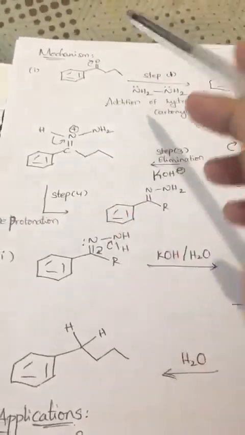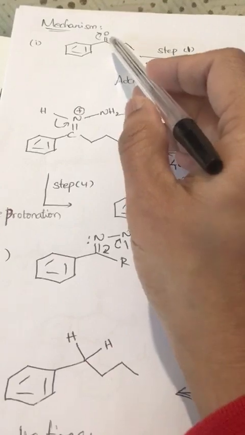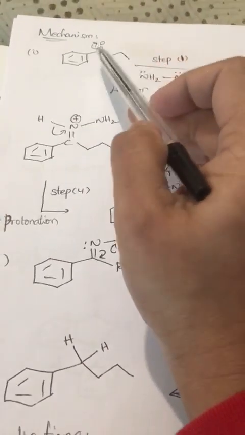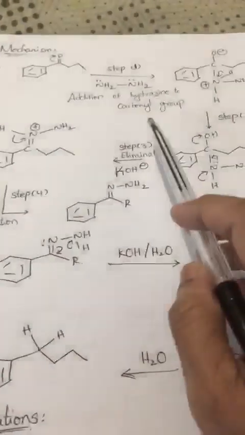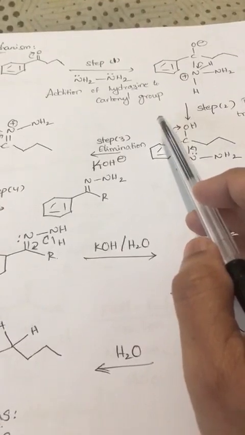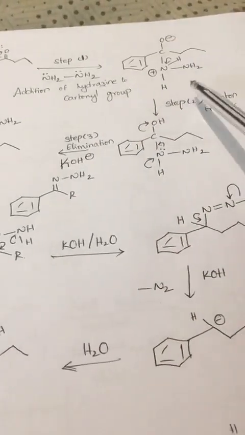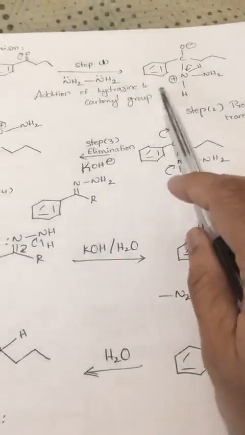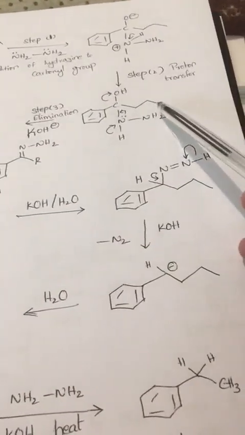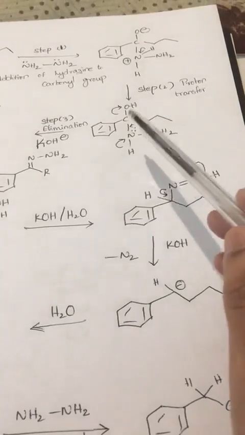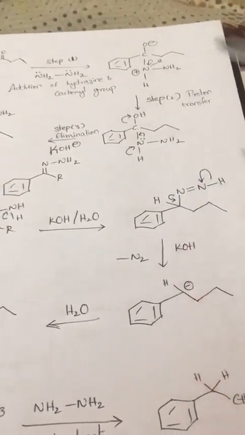Only the carbonyl group present in the compound is affected in this Wolff-Kishner reduction. Then it forms the hydrazine-combined carbonyl compound. In the second step, proton transfer. Here the proton is transferred.